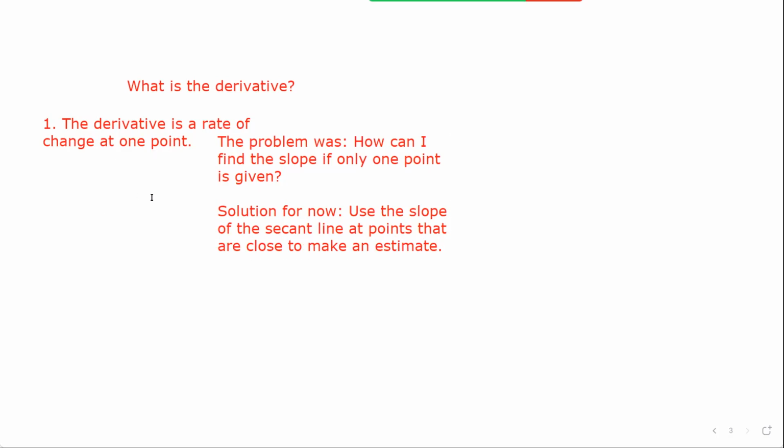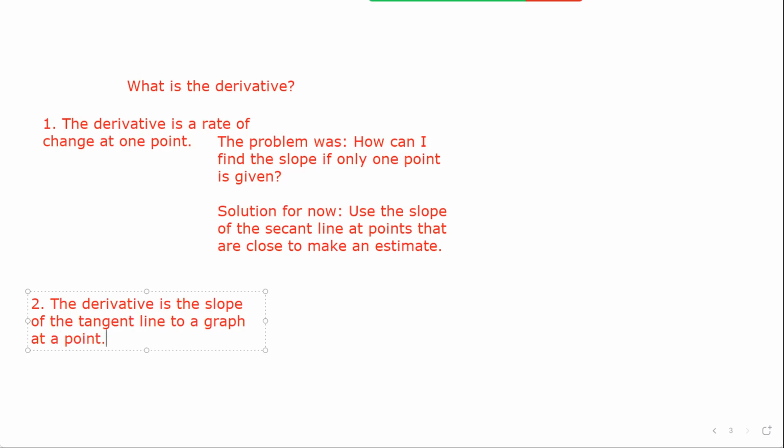So the first thing you learned was the derivative is a rate of change at one point. Then we learned about, and we've been talking about this, the derivative is the slope of the tangent line to a graph at a point, which is what we were just doing right now.